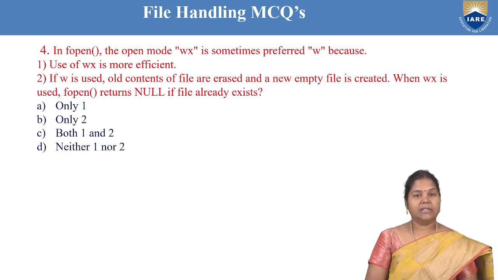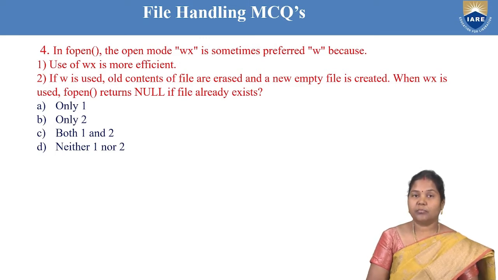Let us go for the fourth question. When we are using the fopen function, the open mode wx, if you are writing, the wx mode is sometimes preferred over w because of what reasons? There are two reasons given. One is the use of wx is more efficient.